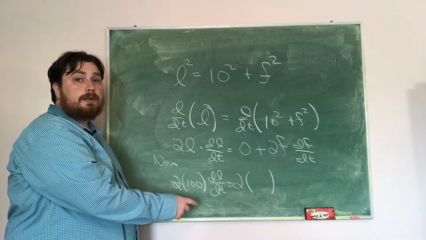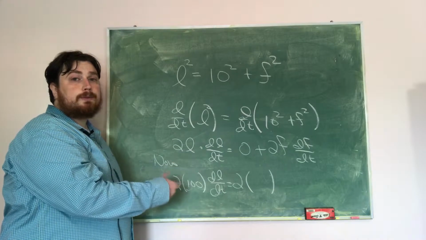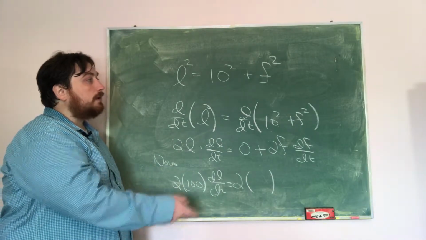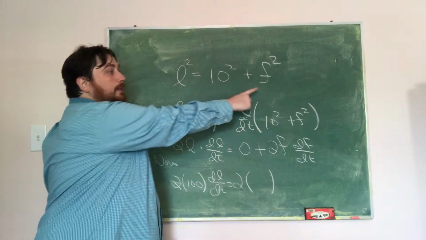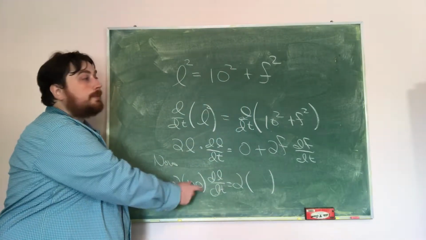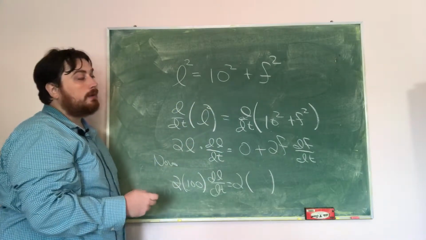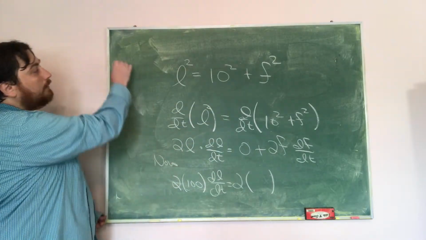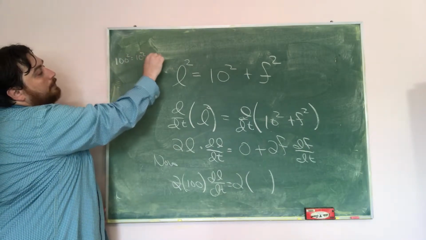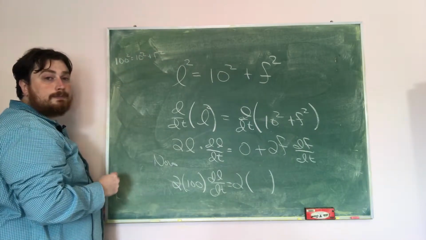Since we need to find F, we need to go back and look over our problem and see if there's some way to find that. What we recall is that L squared is 10 squared plus F squared. We know L right now, so we should be able to find F right now. If we plug in L, we get 100 squared is equal to 10 squared plus F squared.